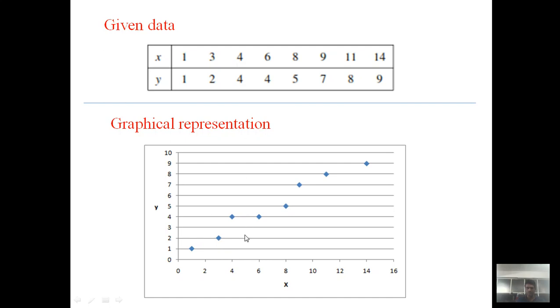When x and y are both 4, it is denoted by this point, and so on. x is 14, y is 9. So there are a total of 8 points, and our aim is to find the equation of the line.